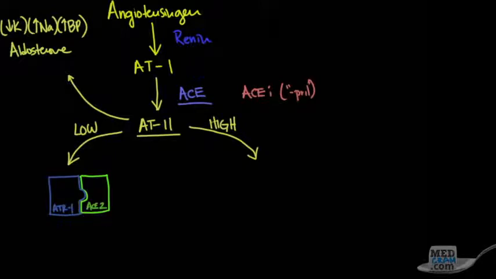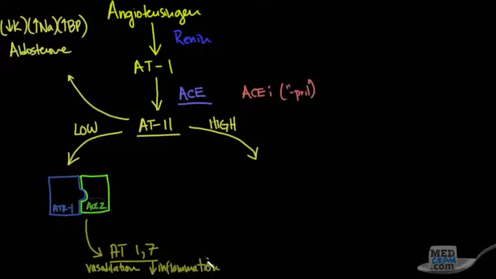Now, as it turns out, angiotensin 2 will be converted by ACE-2 into angiotensin 1,7. And it's very important for you to understand angiotensin 1,7 because angiotensin 1,7 causes vasodilation and decreases inflammation. That's a good thing. It's also possible that you could have an angiotensin receptor blocker that would block this, and that is an ARB.